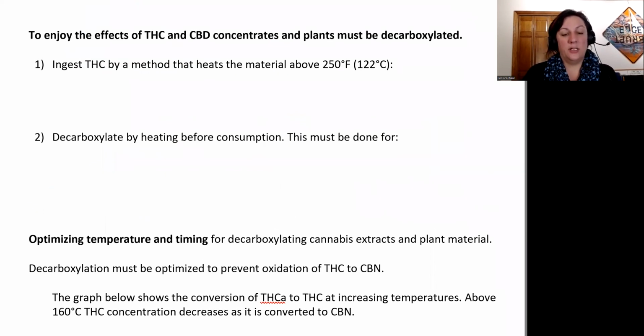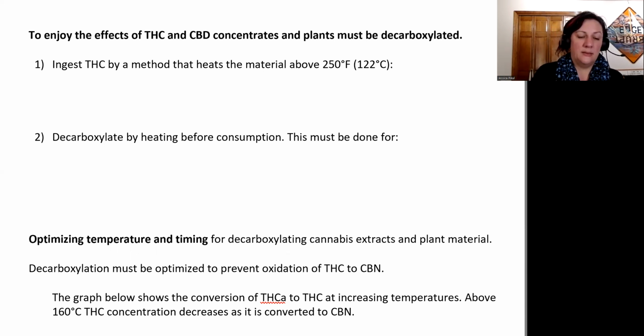So to really enjoy the effects of THC or CBD, the plants need to be decarboxylated to increase the amount of THC or CBD that will produce those psychoactive effects that are so many of the benefits of the plant. That decarboxylation process may be occurring through just the method of ingestion. Any method that's going to heat the material above 250 degrees Fahrenheit or 122 degrees Celsius is going to decarboxylate the cannabis material.